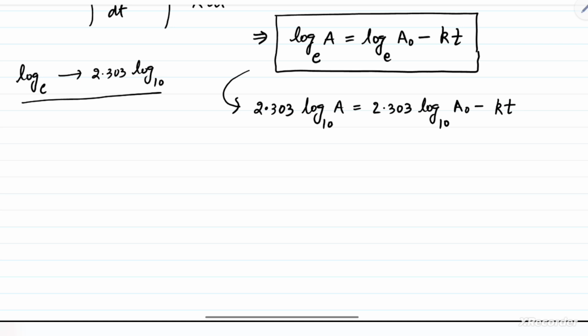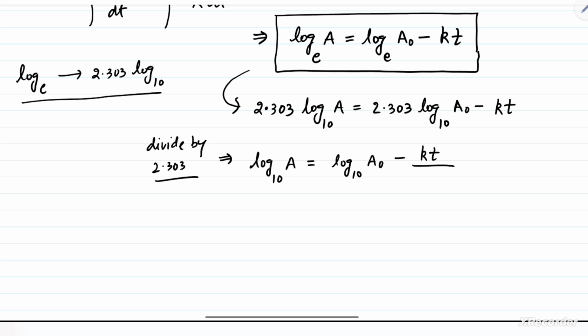Now what if I divide this equation by 2.303? When we divide this entire equation by 2.303, we get log base 10 A is equal to log base 10 A naught minus kt upon 2.303.